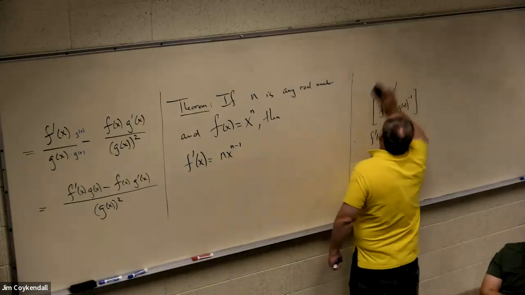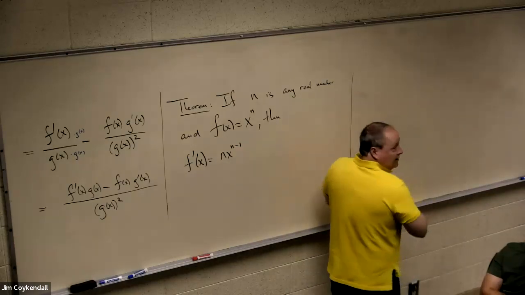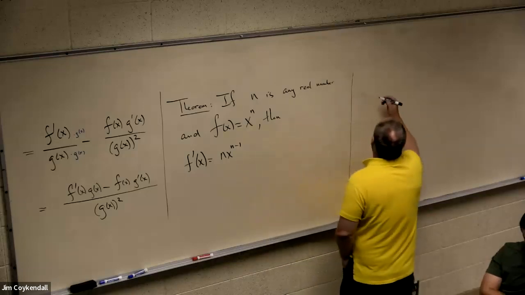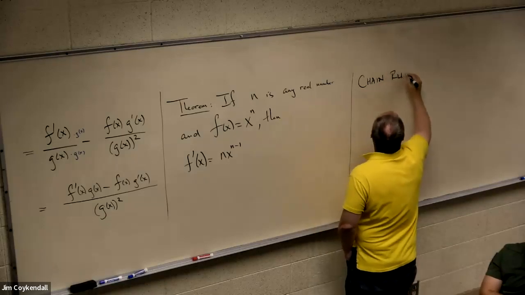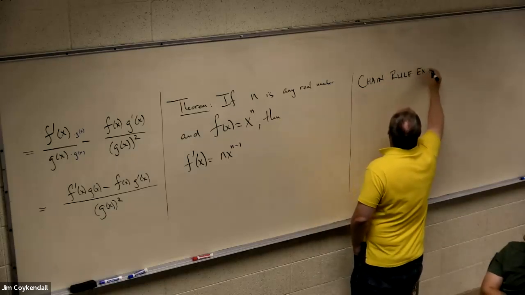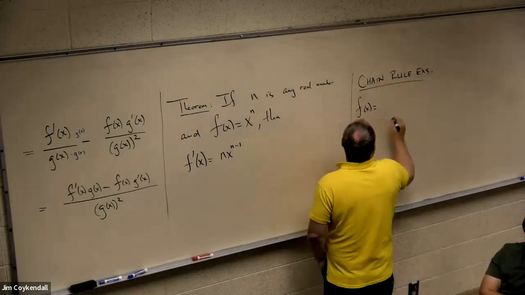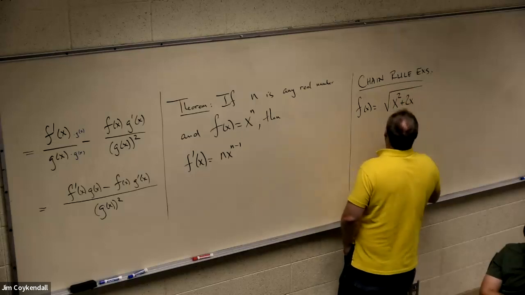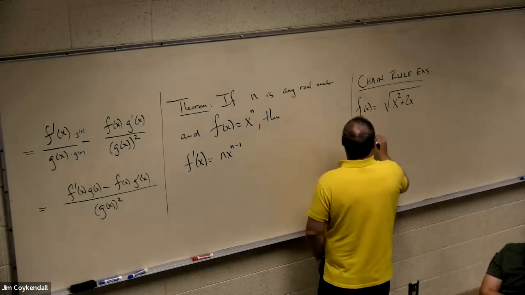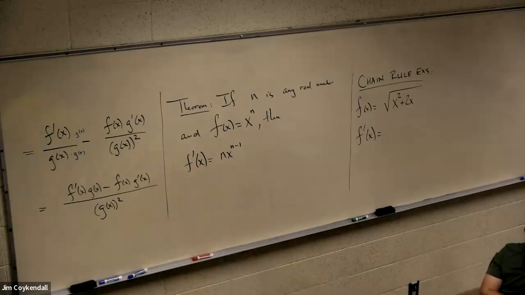Let's do another one. I'm going to do some more complicated chain rules, and then I'm going to have a problem sort of segue into the. Okay, so how are we going to do that?